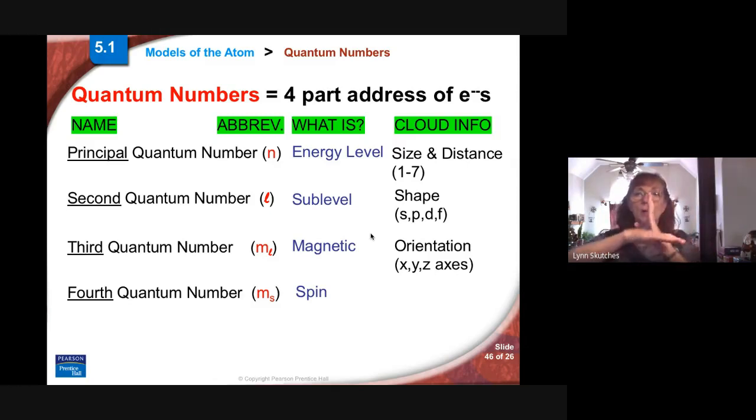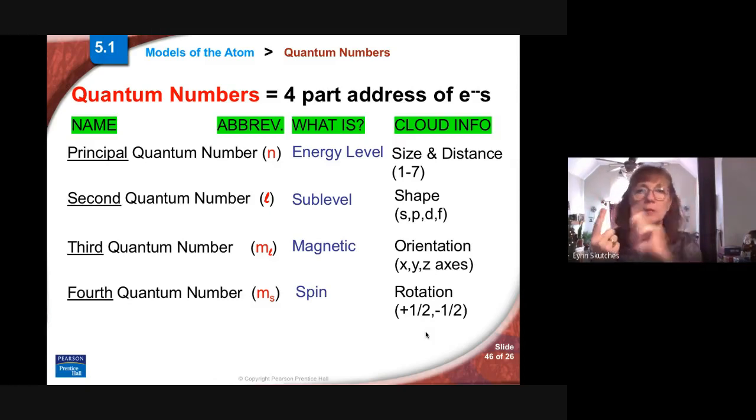Remember X, Y, Z. Same with the clouds. They can be oriented in different regions around the nucleus. And then the last one is spin, and that's something to do with the rotation of the 2 electrons that live in the same orbital. One has to go one way, the other goes the other way. Plus 1/2, minus 1/2. All of these abbreviations and numbers fit into Schrodinger's calculations.